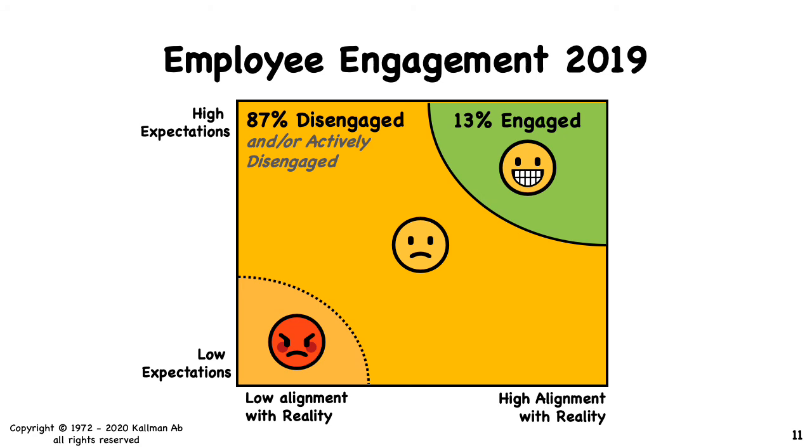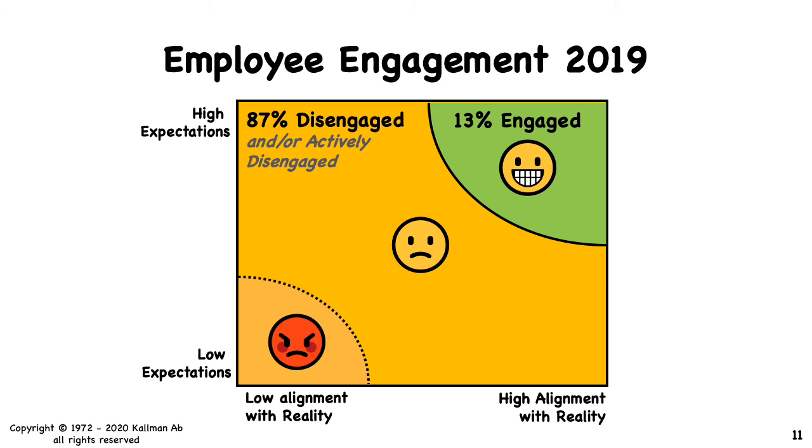But either way, what's happened here is that people's expectations aren't being met. You have your expectations and then you have reality. When those match, you get the people up in the 13% in the upper right corner. When they don't match, you get everything else.